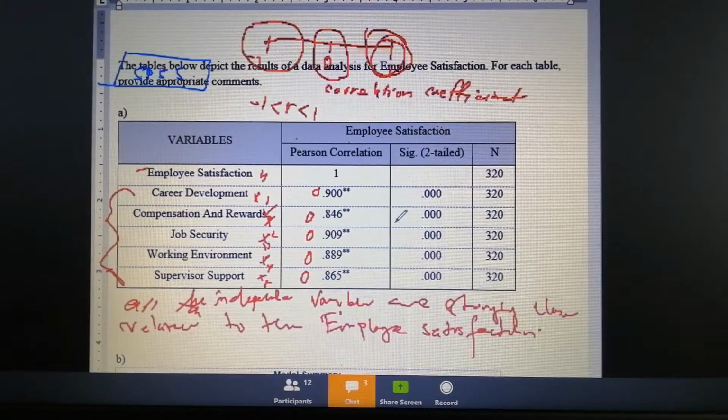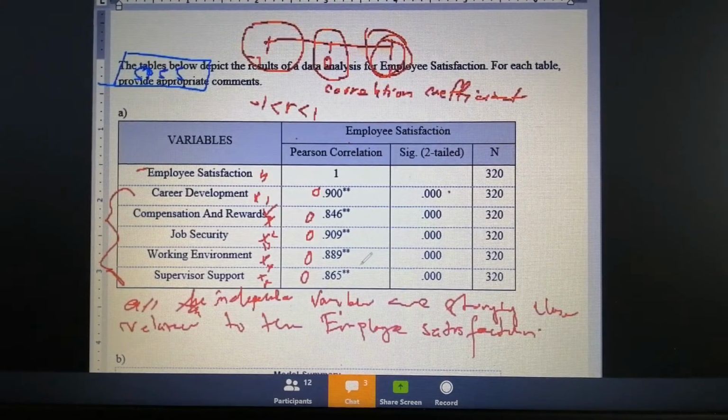And then another piece of information, look at that, all of these are 0.000. What does it mean? 0.000 is closer to 0, so it is less than 0.05. That means this is all closer to 1%.